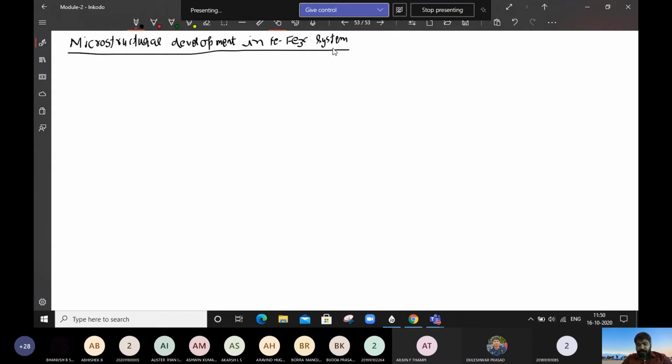So you all know how to draw this iron carbon diagram. It is very simple. I have told you many times. So this is the way you can draw this iron carbon diagram.